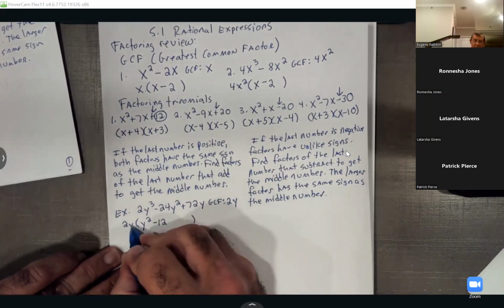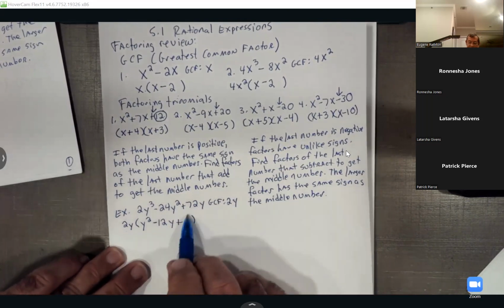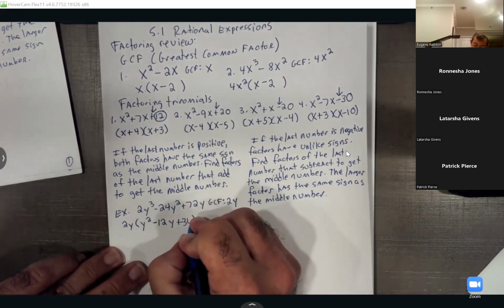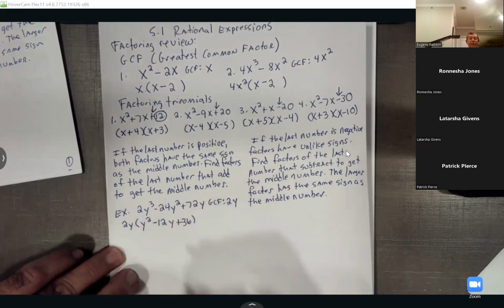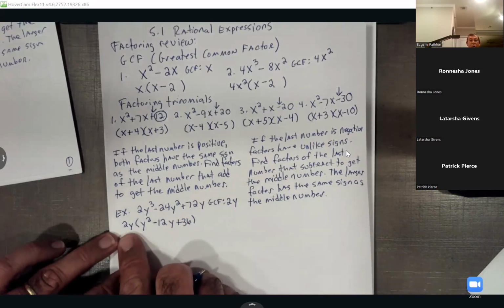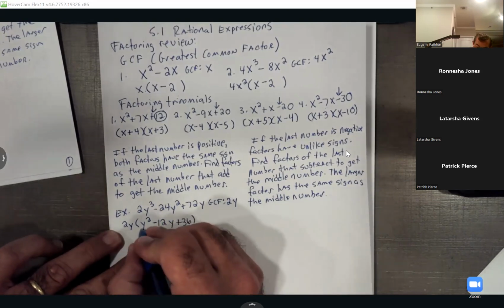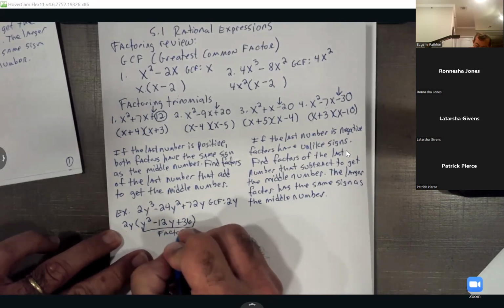Y squared divided by y would leave me 1y. And then let's see, 72 divided by 2 leaves me 36. And I have 1y that cancels with that 1y. So they're gone. So now notice what you got. You got a 2y out front, your greatest common factor. But now this inside here will actually factor.